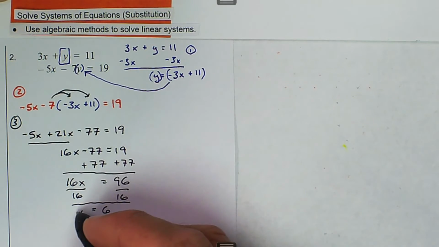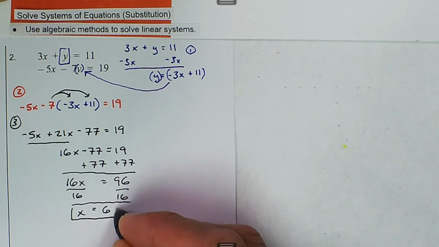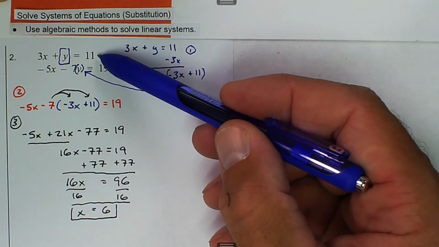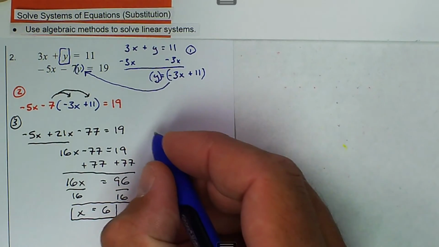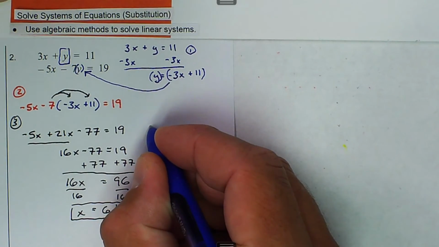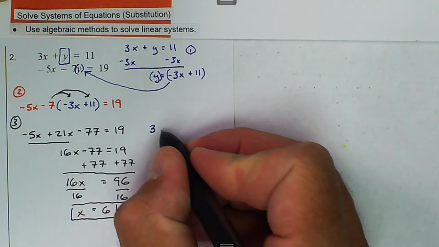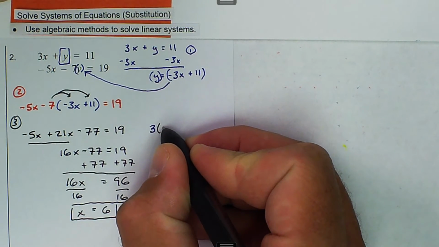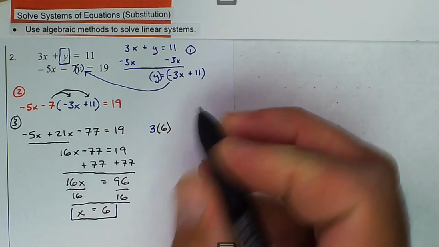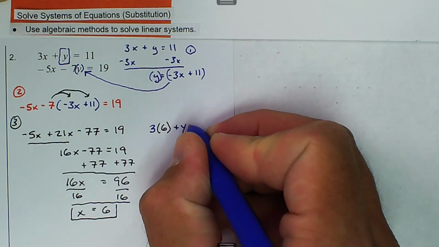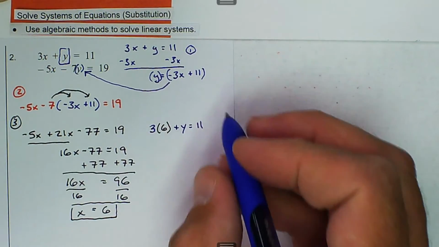So then once we have the variable, then we want to substitute that variable into the top equation there. So we say 3, and then we want to take our x variable and plug that in, or substitute that in, plus y equals 11.